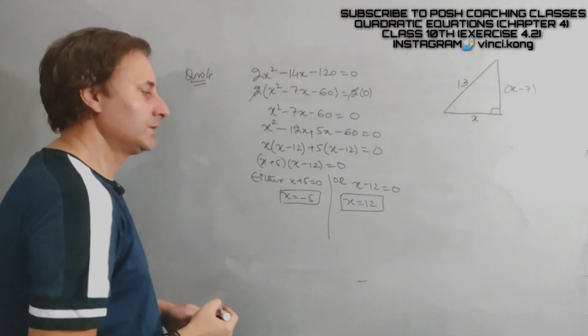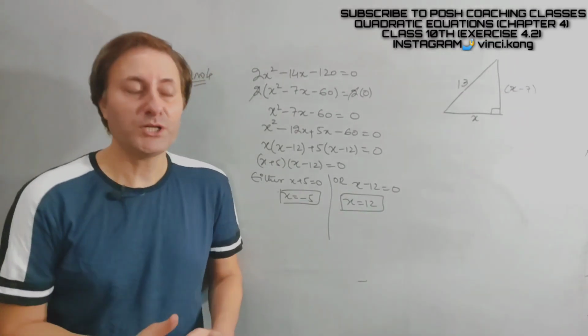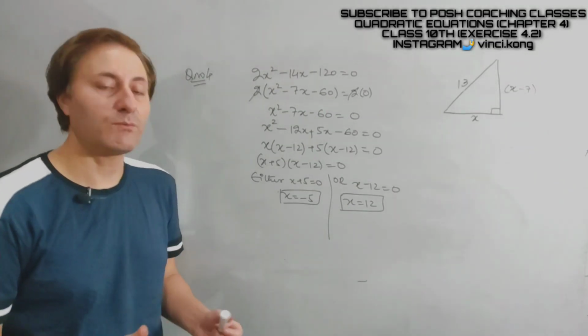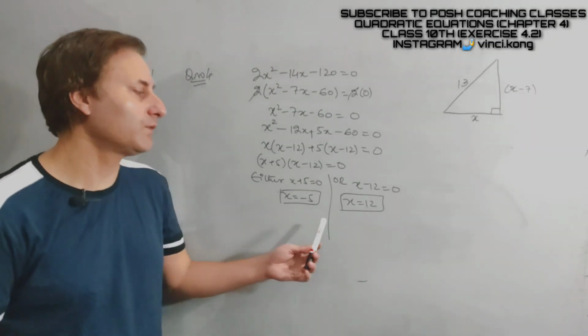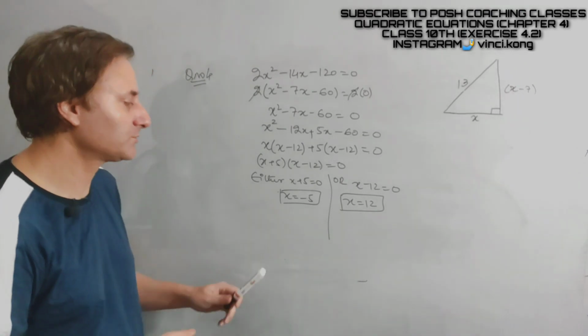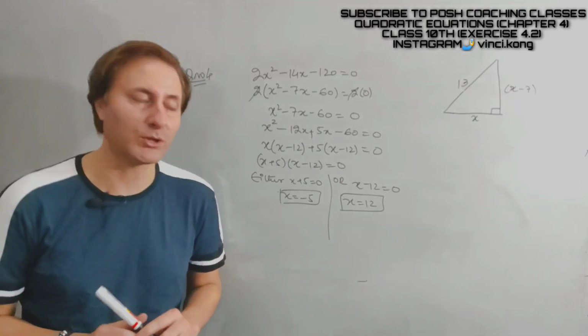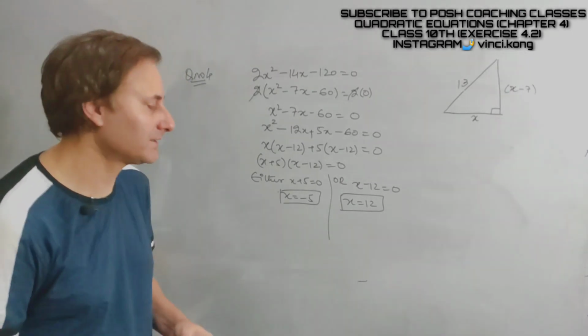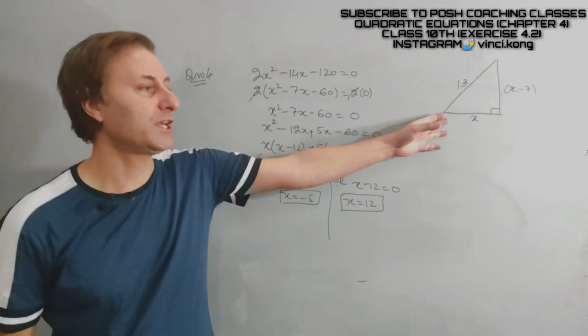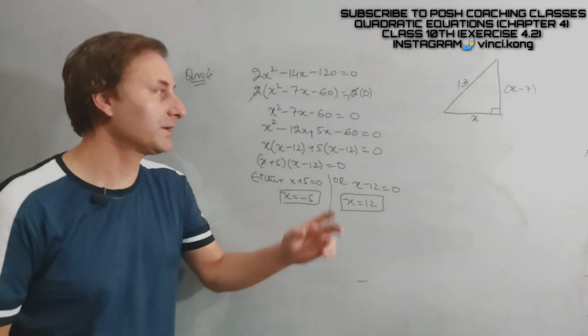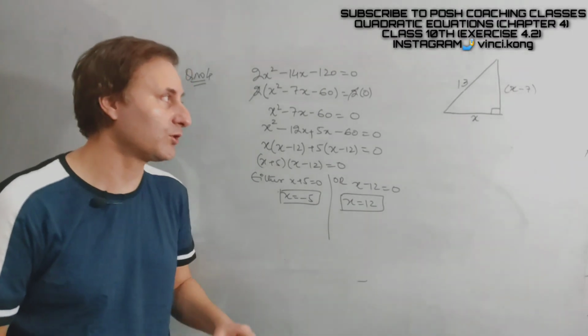Now there is something which we need to understand, and we need to use our common sense. We have two values of x, wherein the first value is negative and the second value is positive. We know for a fact that the value can never be negative here. Why? Because we are talking about a measurement, the length.